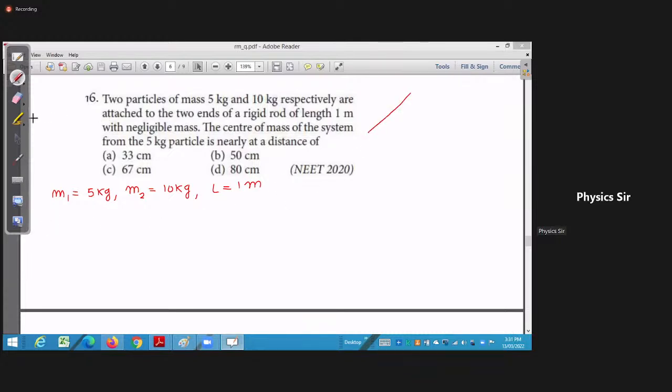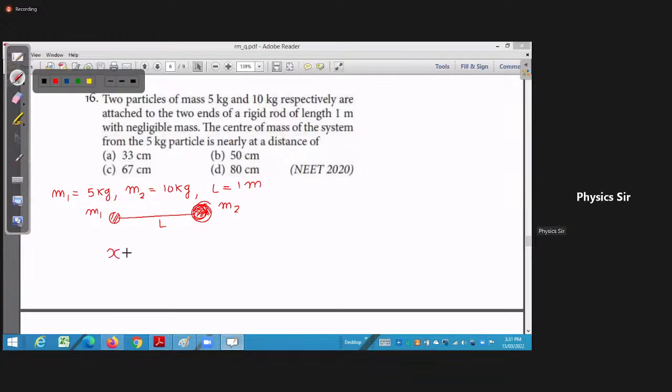Let us say this is the mass M1 and this is the mass M2. Let me draw it thicker. This is the mass M2 and this is the length of the rod. What is the formula for the center of mass?